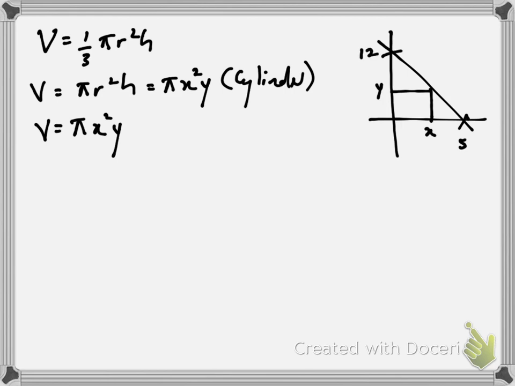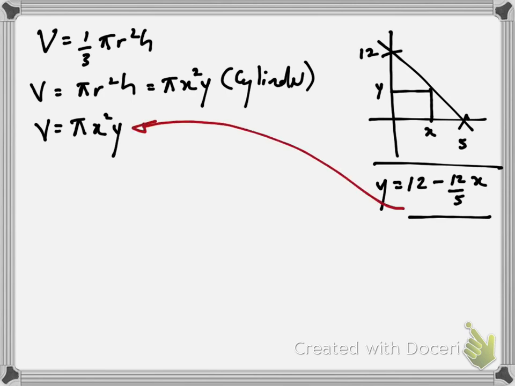So we can write down the linear equation, which would be y equals 12 minus 12 over 5x, and we can substitute that in place of the y here.